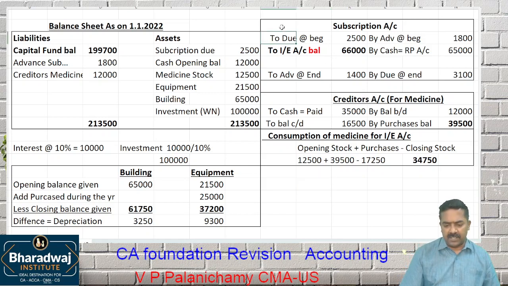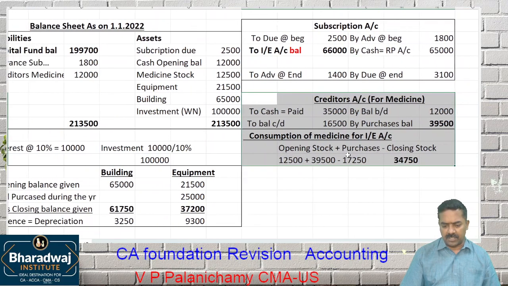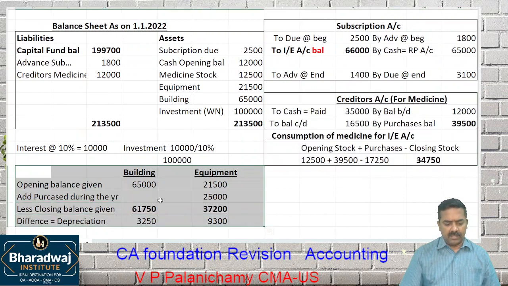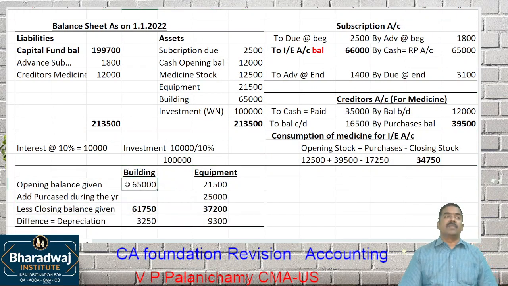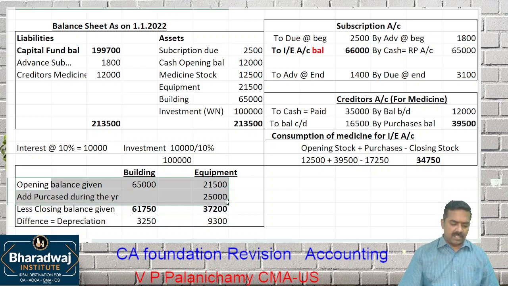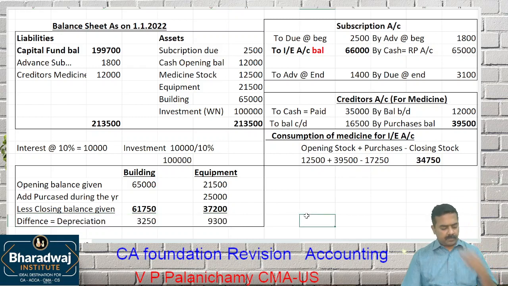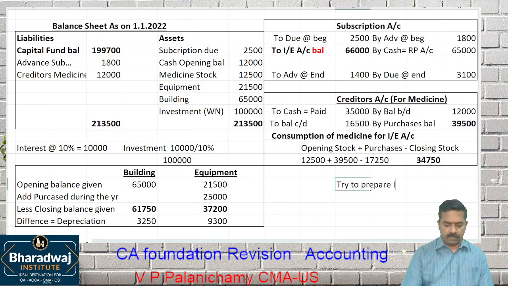Subscription, we learnt separately how to calculate income, creditors, and of course consumption, how to work out, also we learned. In this question, we are not given the rate of depreciation. Based on the opening balance plus purchases minus closing balance, we work out which one? Depreciation. Try to prepare the income and expenditure account.